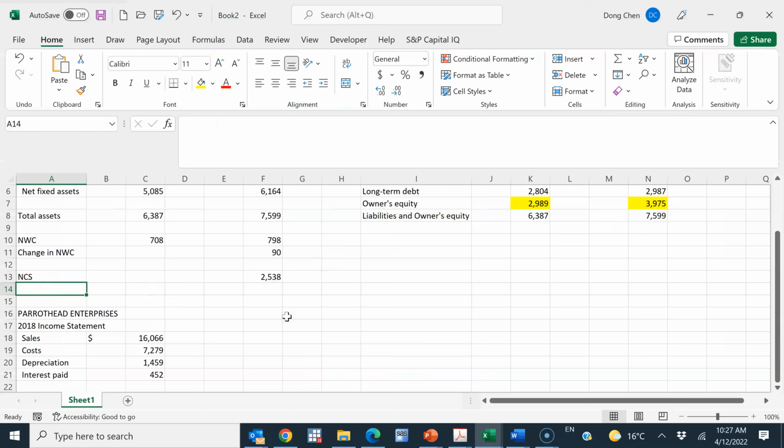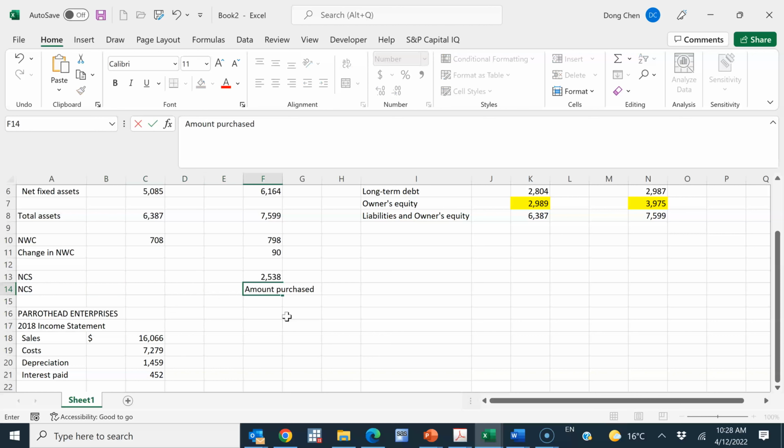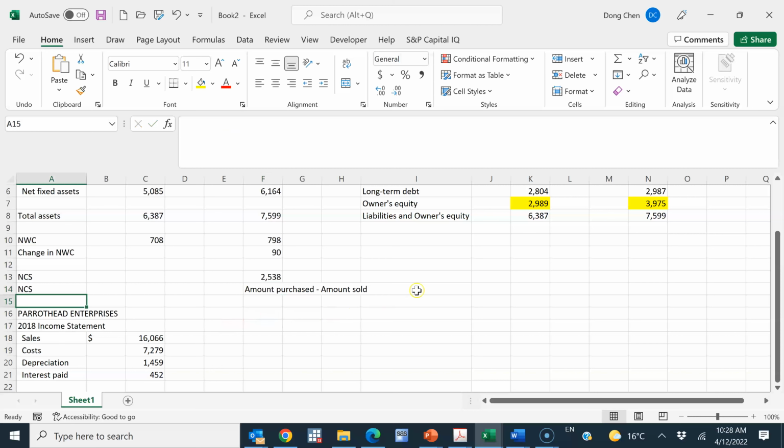In other words, another way to figure out net capital spending is simply amount purchased minus amount sold.